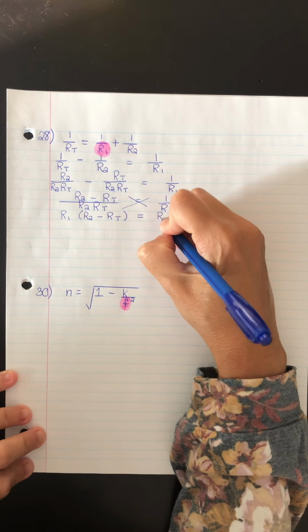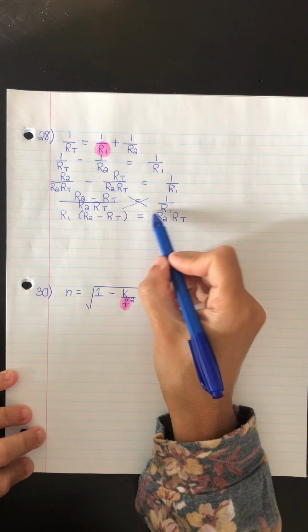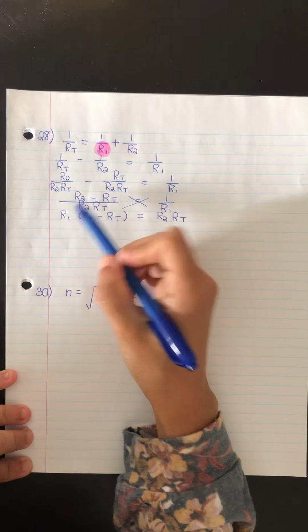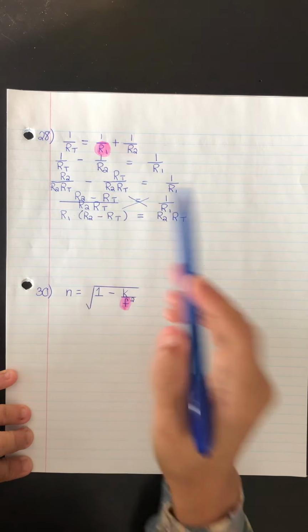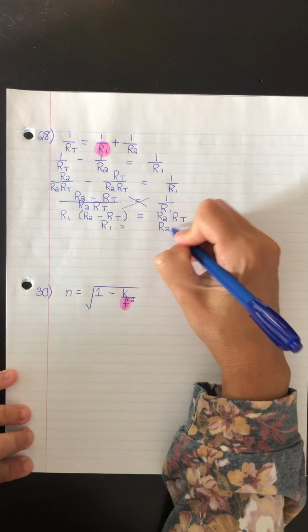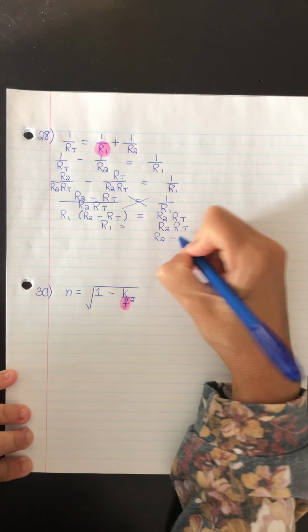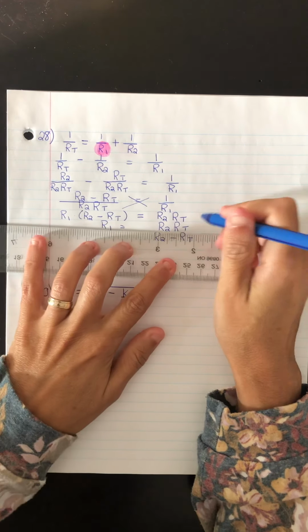This is R2 times RT times 1, right? Okay, and finally, remember we want a formula for R1, so we'll finally change from the multiplication here to division on the other side, and we will have the product over some formula for two parallel resistors, like that.